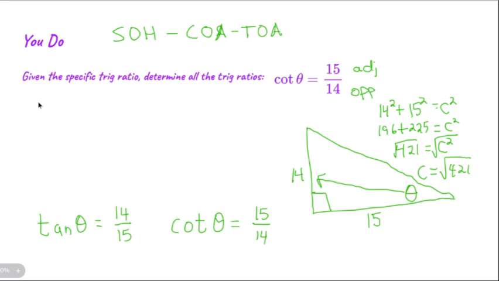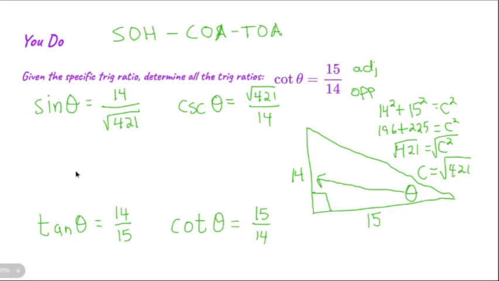Okay, so now we're free to set up the sine. Sine is opposite over hypotenuse. That'd be 14 over root 421. Okay, we can get cosecant at the same time. That would be root 421 over 14.